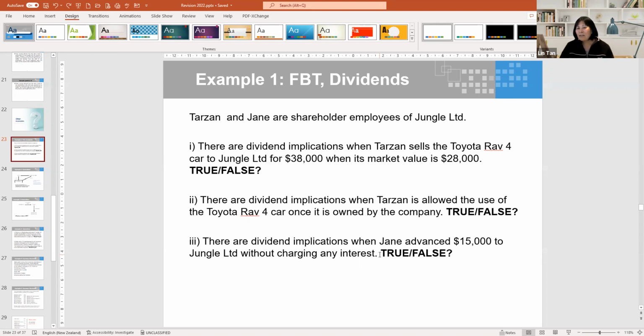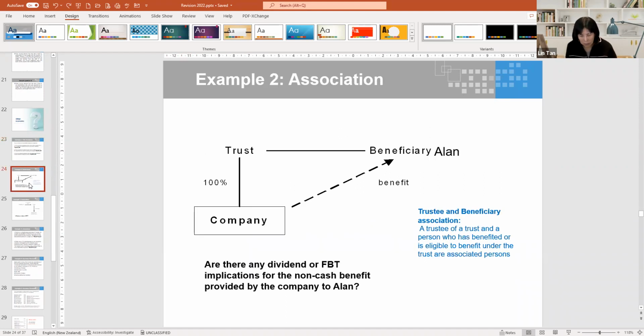So Jane actually doesn't benefit at all. So it is not a transfer of value from a company to a shareholder. So there are no dividend implications here. All right, so that is how you should attempt answering a question like that.